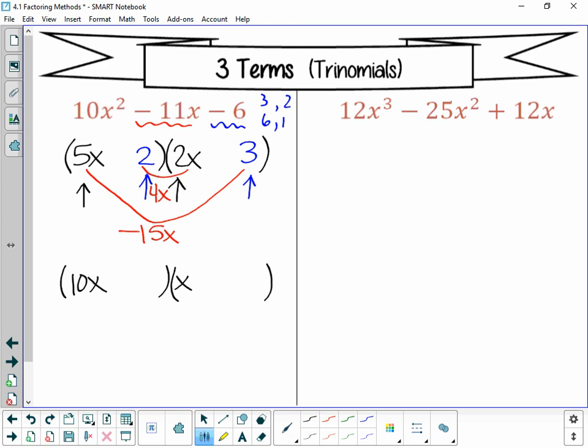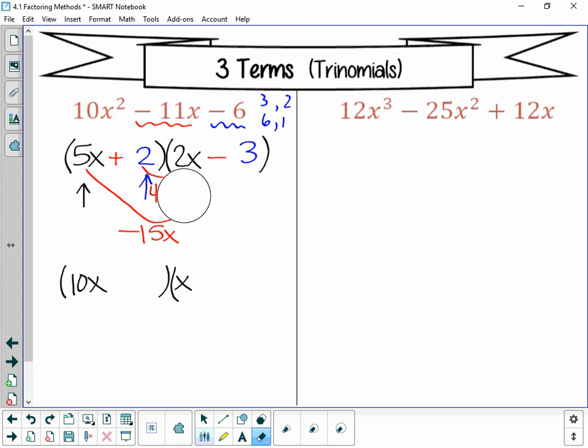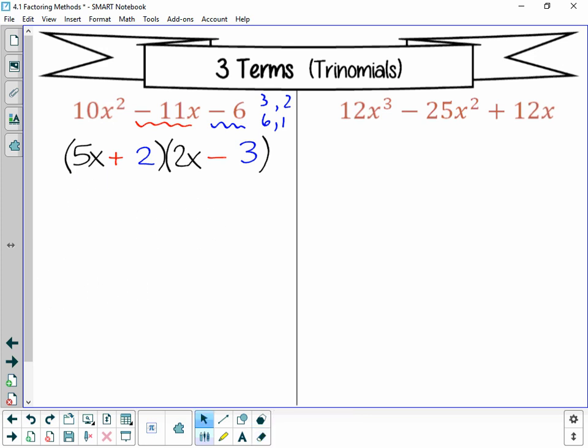So if our 15 is negative and our 4 is positive, we have that combination of -11x, and we have found the two factors. Now you don't always find them on the first try, but sometimes you do, and if you don't, you just try something else, like that 10x and the 1x.